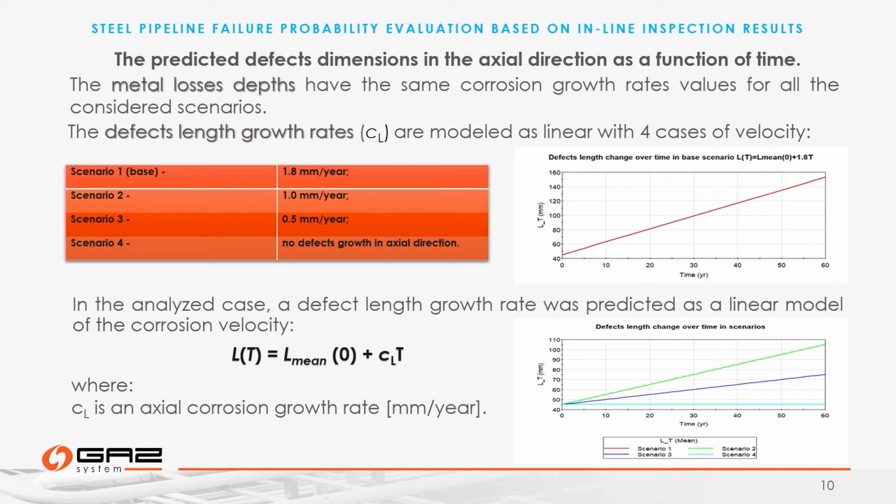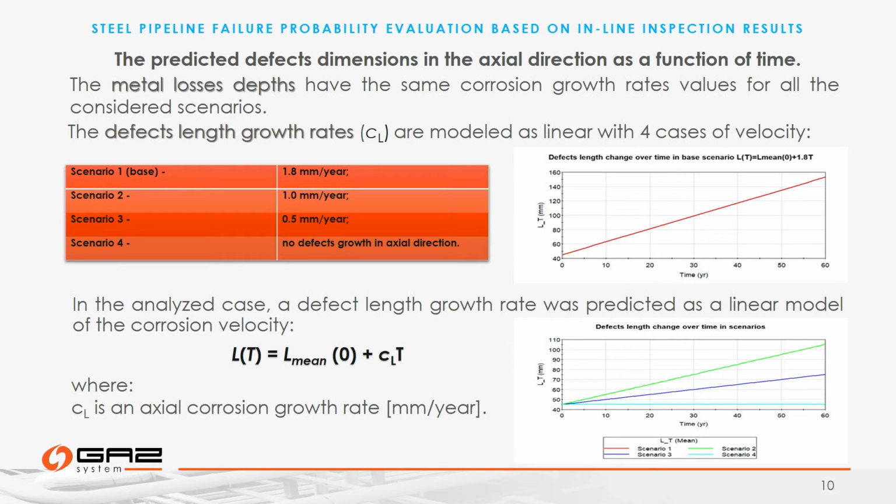mean length of the defects derived from 2 repeated inline inspections with time, with base time, also with start of this analysis, and then the second factor is the axial corrosion growth rate in 4 different scenarios.